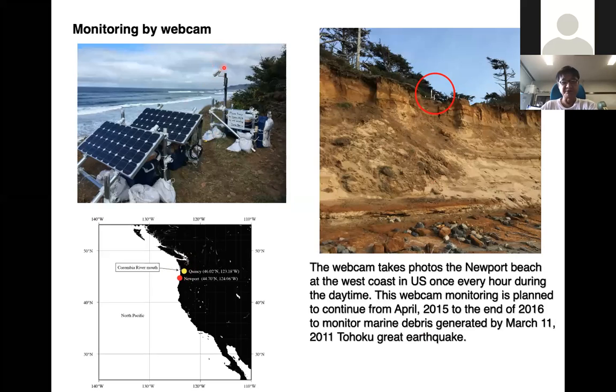This camera is driven by a solar panel system and sends all photograph images to the laboratories via the internet, because this is a web camera. Now I'm showing you a movie created by the photographs taken continuously during 1 year, sorry. I forgot to say, this web camera takes a photograph every hour during the daytime.